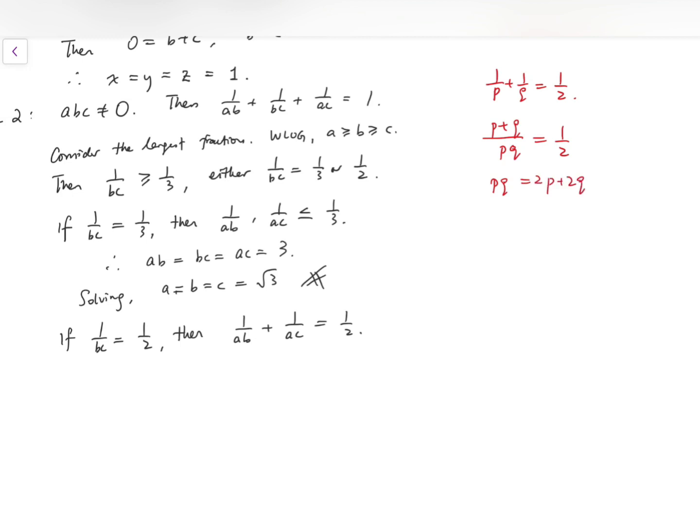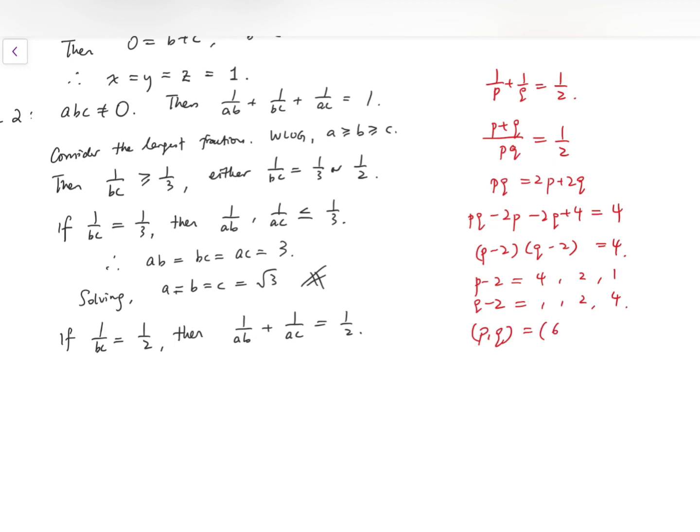cross multiply, move them to one side, and to make the left-hand side factorizable, I'm going to add 4 to both sides. Then I can factorize. And it turns out these two numbers can only be either 6 and 3, which of course can be reversed, or both equal to 4.